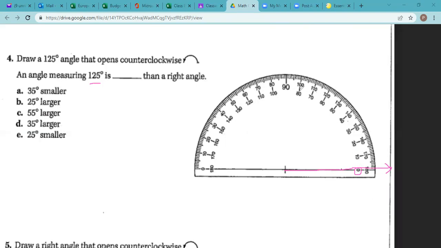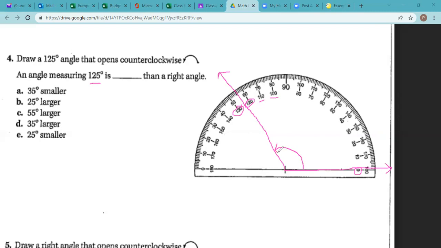So if we go all the way around past the 90 degree, there's 100 degree, there's 110, 120, 130. So we know that 125 is going to come right in between 130 and 120. So we're going to take our other leg and draw it right smack in the middle between 120 and 130. And there you go. All right. And of course, we're putting the arrow because this is counterclockwise. The arrow is going that way.